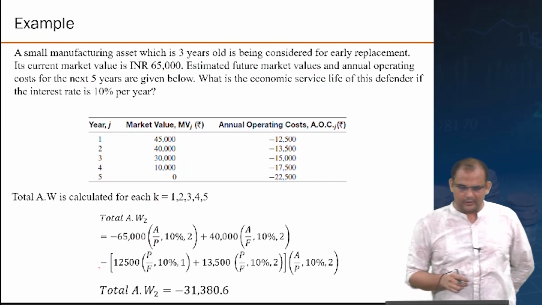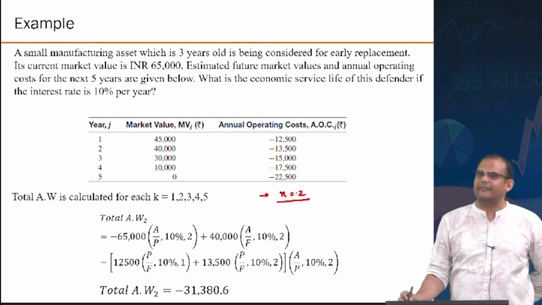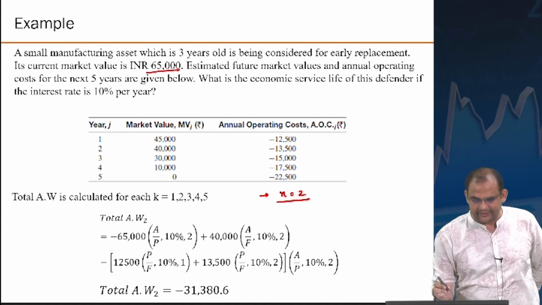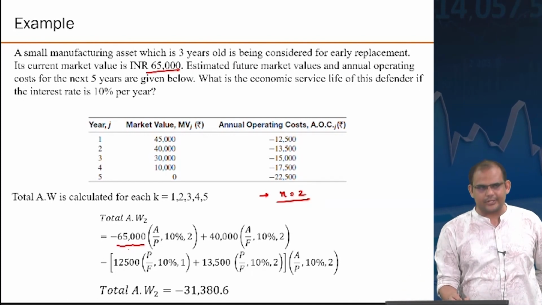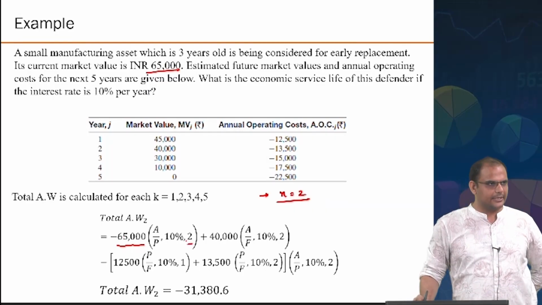Okay. Now, assume n equals 2, or economic service life equals 2 years. So, the original value of 65,000, instead of getting distributed only for 1 year, now gets distributed for 2 periods.